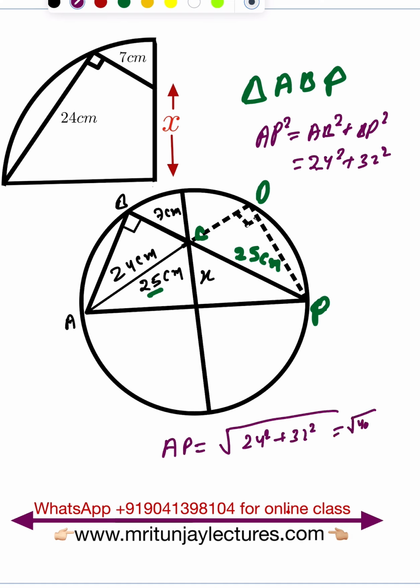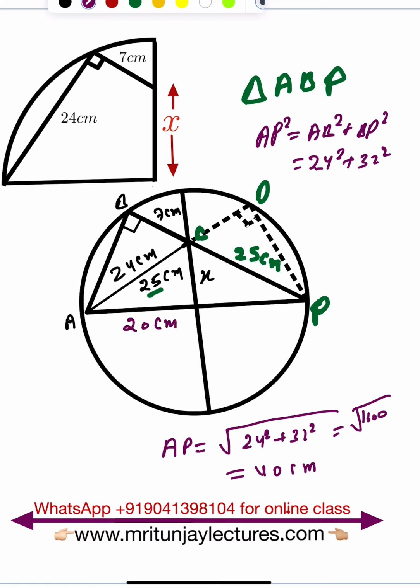Sorry, silly mistake here, not 400, basically this one is 1600. So that is 40 centimeter. AP is 40 centimeter. So the radius of the circle is 20 centimeter, this one, and this one is also 20 centimeter.